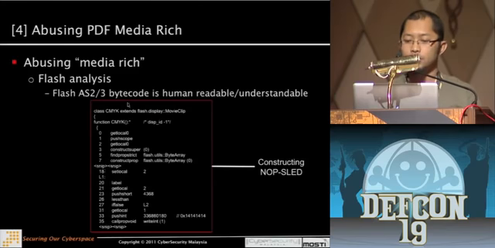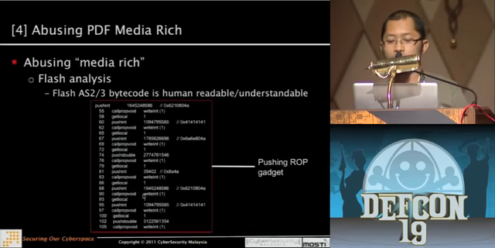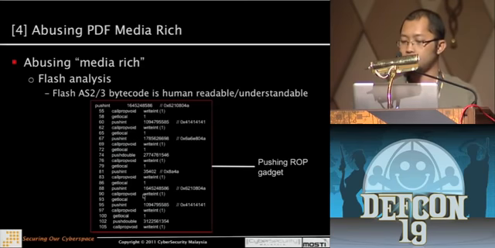And if you cannot do decompiling, you can always do some bytecode analysis here. So for example, this one is pretty much trying to construct the NOP slide for the shellcode. You can see over here it pushes some stuff, push integer, and there are a couple of loops over here to assign the array. And this is another one pushing some ROP gadgets on top of the shellcode.